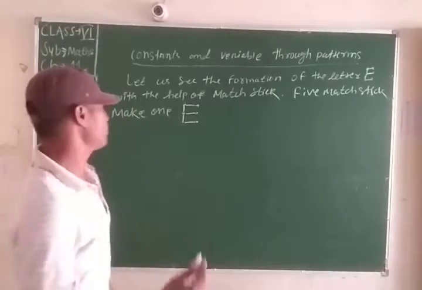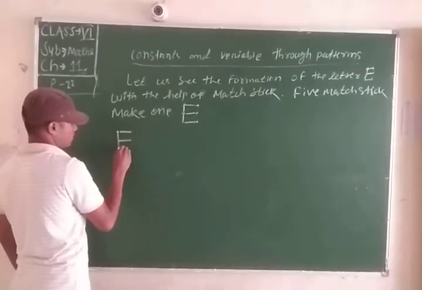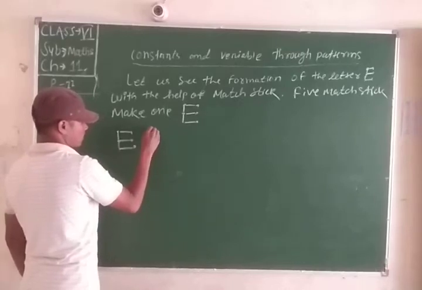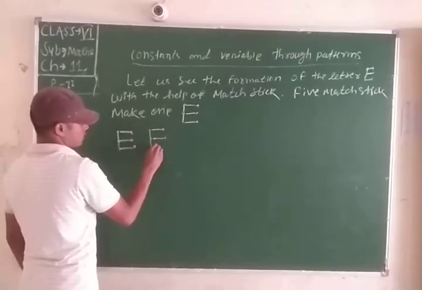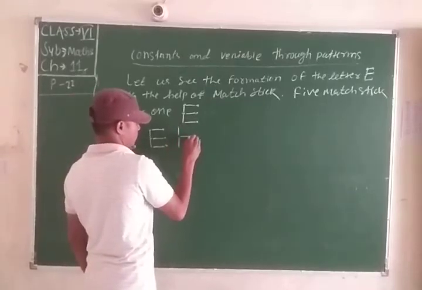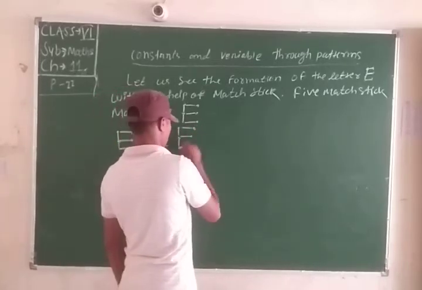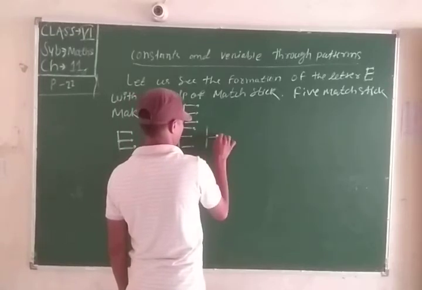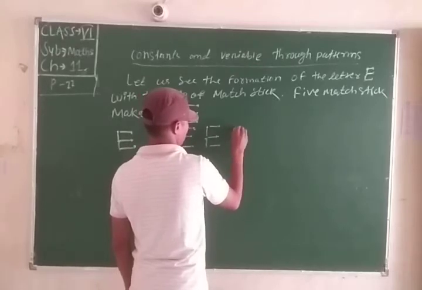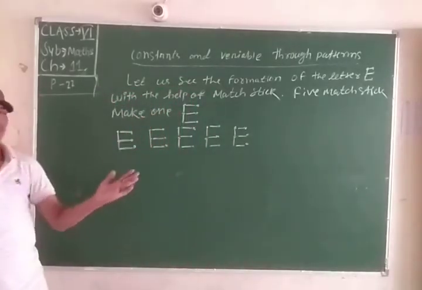Then we have the row and the alphabets. Here we make the alphabet E using matchsticks.